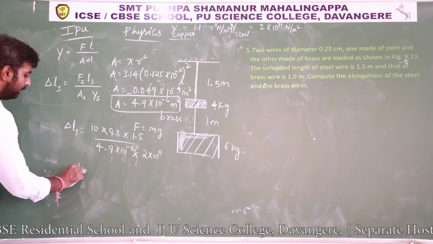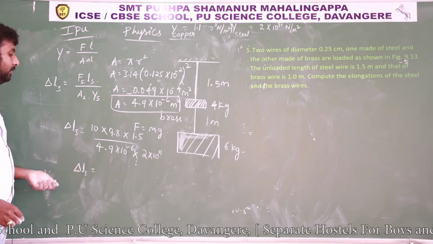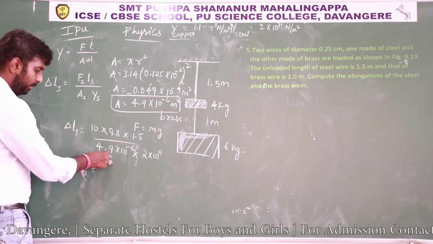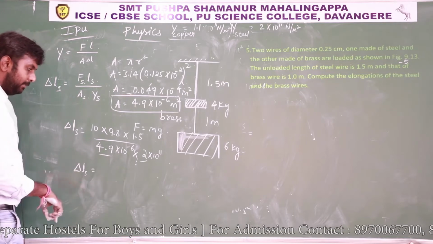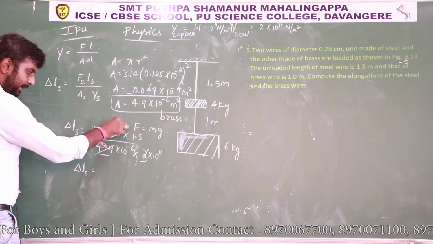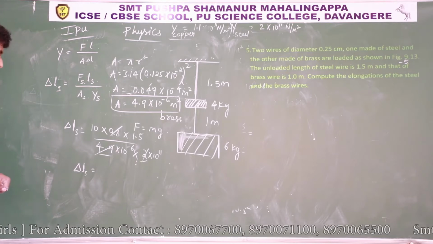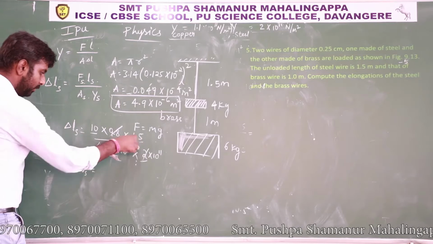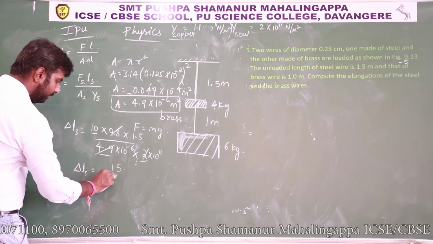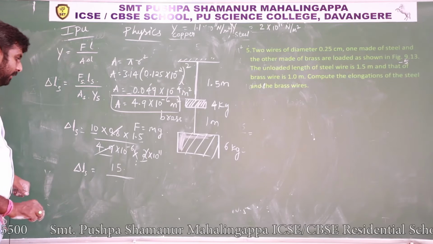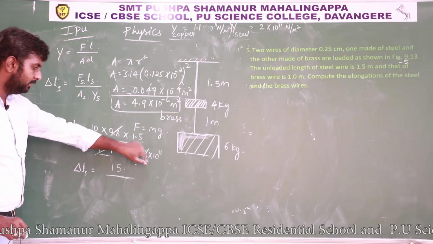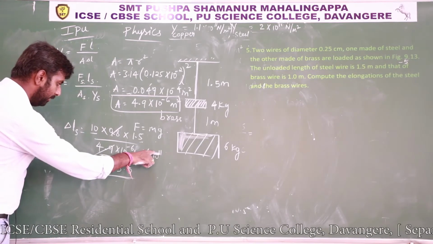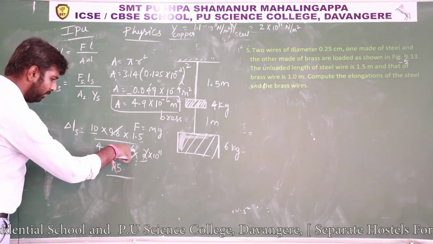So if you calculate, you will be able to find the change in length produced in steel. Here 2 into 4.9 is 9.8. This 9.8 and 9.8 will get cancelled, and in the numerator you will get 10 into 1.5. You can write it as 15 divided by 10 to the power minus 6 into 11. So 10 to the power minus 6 into 11 means here 5.